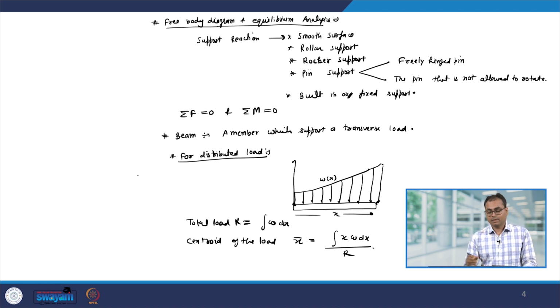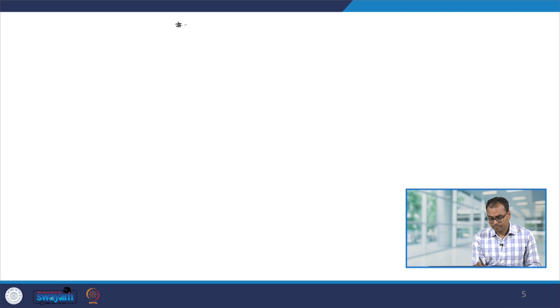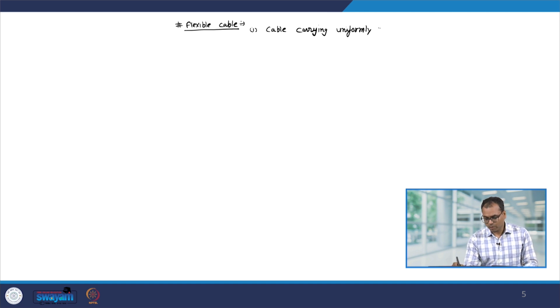We then discuss the flexible cable. And it has two cases. In the first case, we discuss the cable carrying uniformly distributed load along the horizontal.